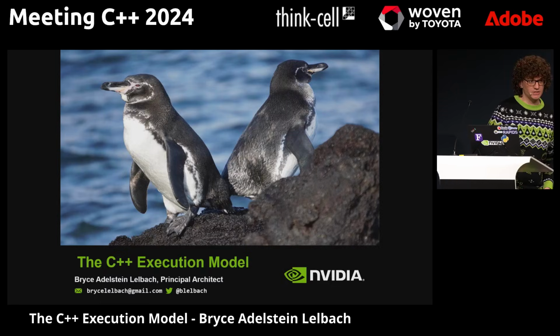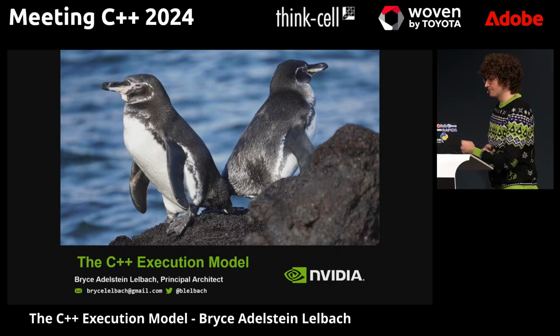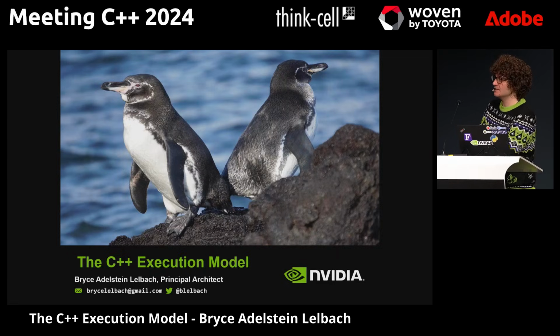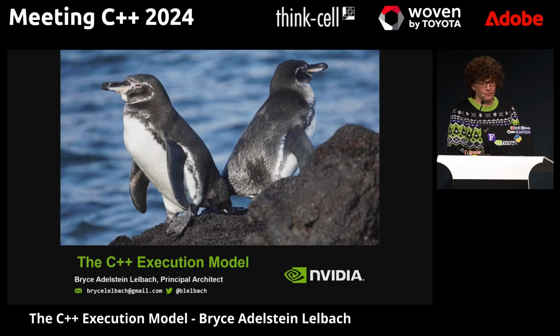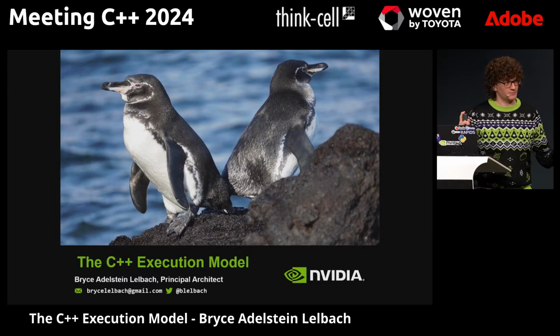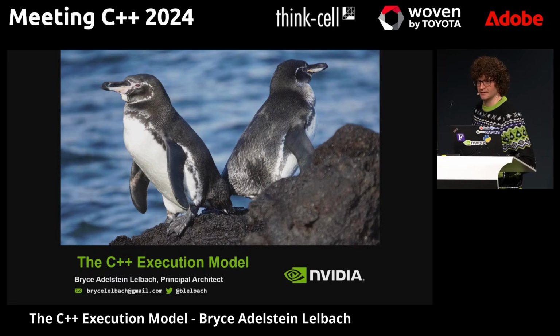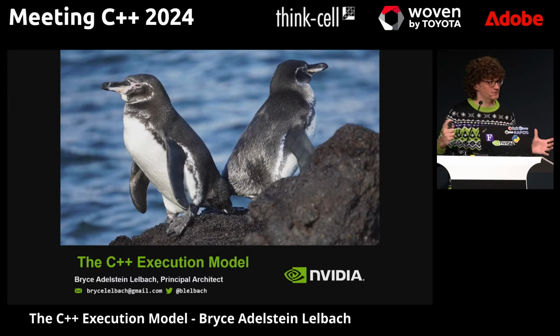I want to teach you about the C++ execution model. So this model is what makes C++ portable today. It's not about how many bits you have in a byte. That's sort of a settled question, or 2's complement, sort of a settled question. And we basically have two microarchitectures.